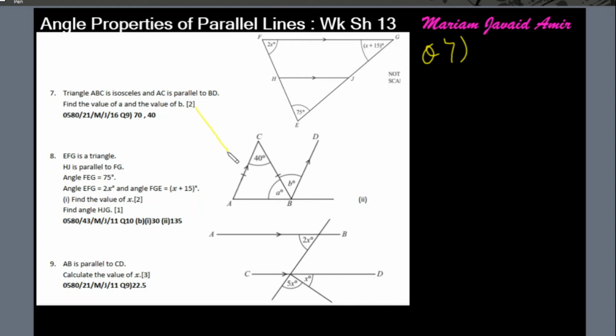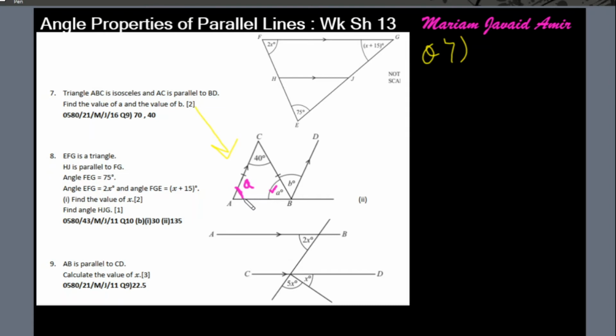Okay, here's the figure for question 7. Yes, this is the figure for question number 7. Triangle ABC is isosceles. So if this is A, then this is also A.